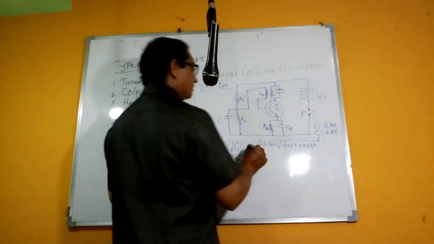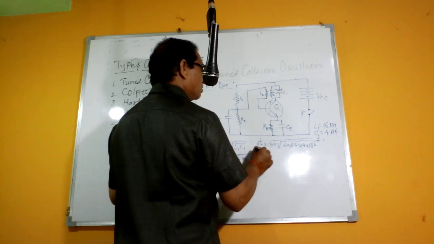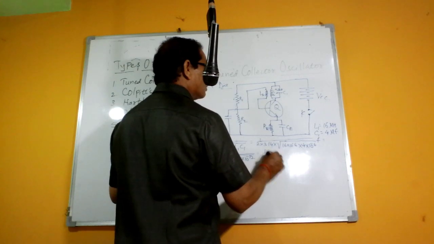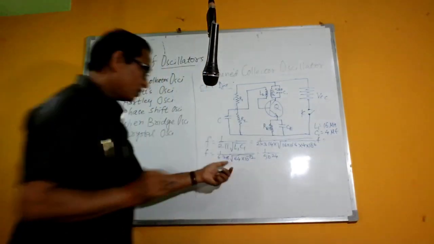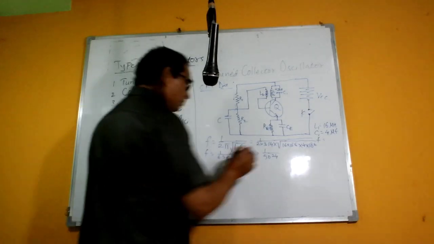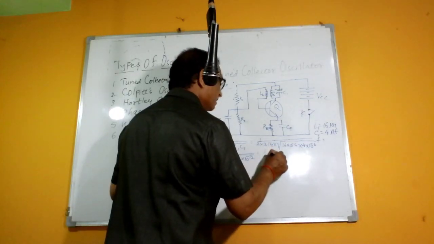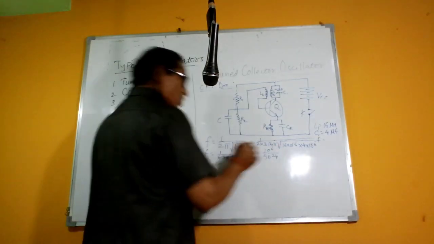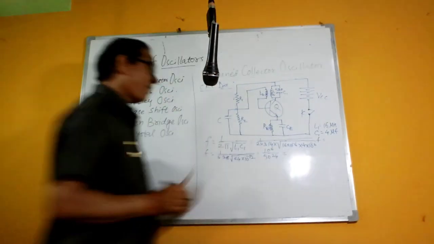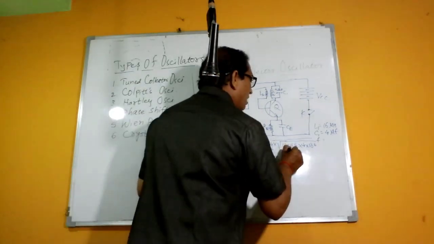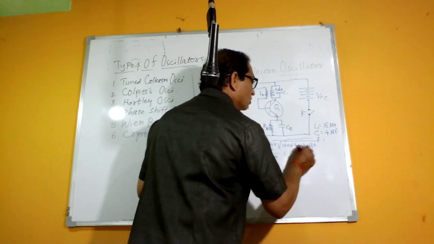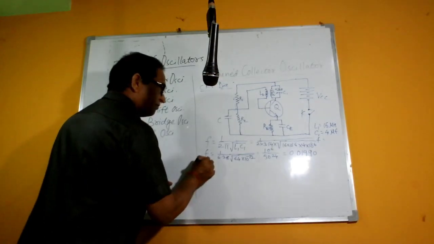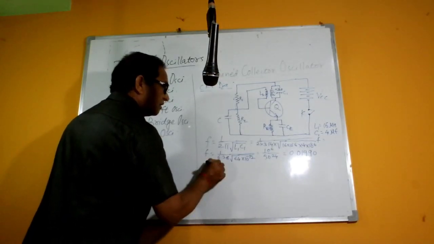So F is equal to 1 upon 50.24. If the multiple factor is 10 to the power of minus 6, we move it to the numerator, then this will become 10 to the power of 6. If we calculate further, this will be 0.01990.